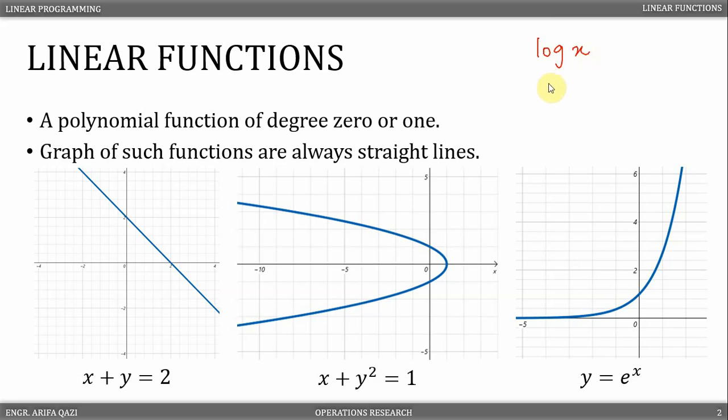In the same manner, xy minus 1 equals 0 is also not a linear function, as the term xy is a multiple of two variables, which makes it nonlinear. Its graph is something like this. And as you can see, this graph is not a straight line between x and y.